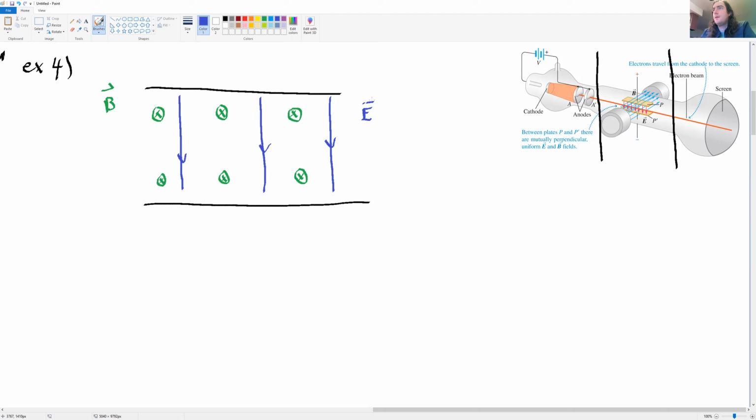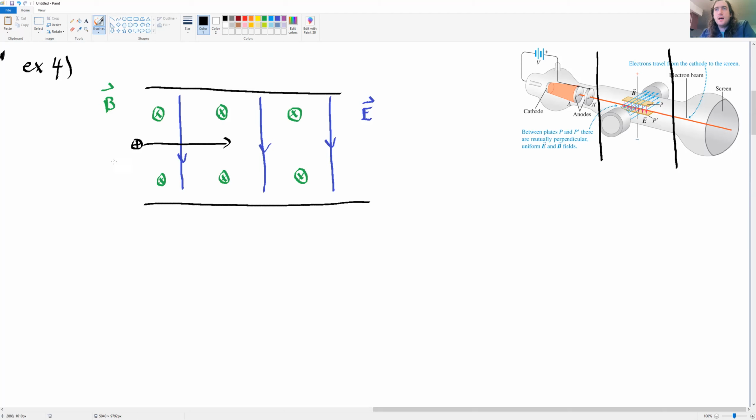Red is our electric field, green is our magnetic field. And then of course we have a charged particle, which is actually part of a beam. So many charged particles are flying through this configuration with electric and magnetic fields.